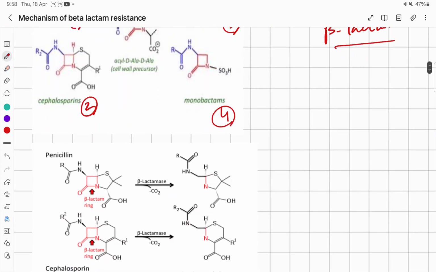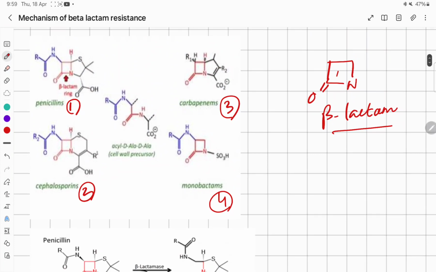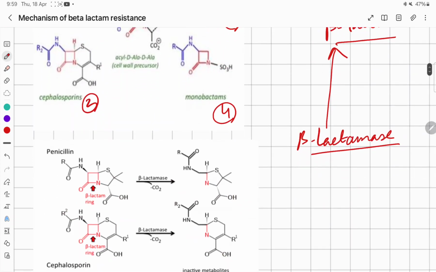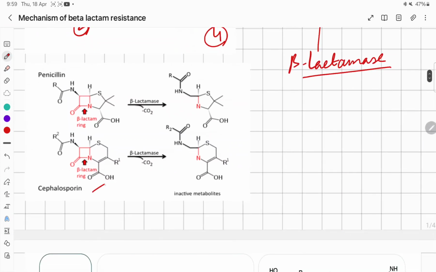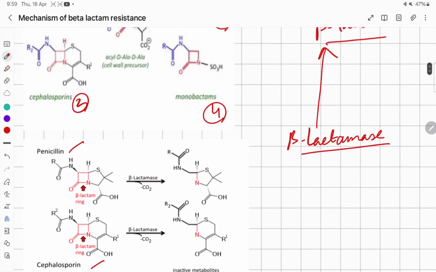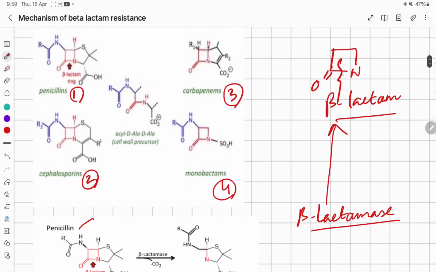The beta lactam ring is degraded by beta lactamase. Beta lactamase is the enzyme produced by bacteria, and you can see the penicillin structure is broken here, and the cephalosporin structure, the beta lactam ring is broken here.